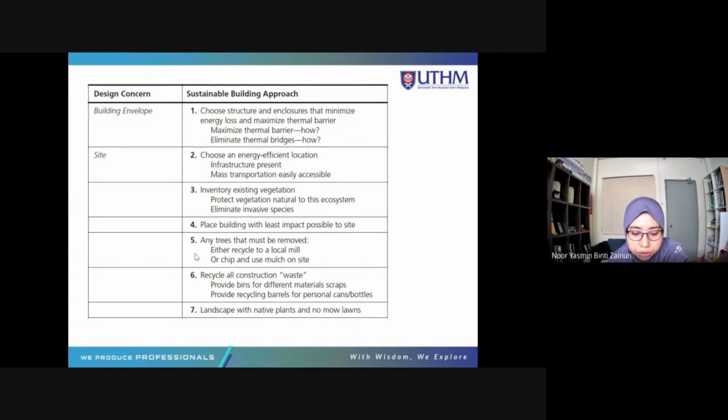Recycle all construction waste, provide different bins for material scraps and for the materials that can be recycled. And also landscape with native plants. No more lawns means no more maintenance. Tak payah dah nak potong-potong rumput lagi. Kita natural je. Kita letak pokok-pokok kat situ, dia naturally macam tu.